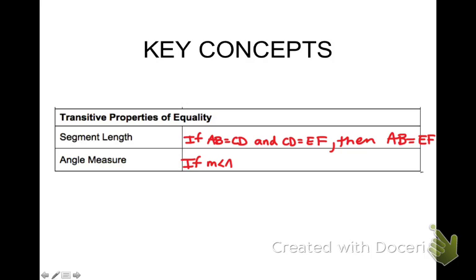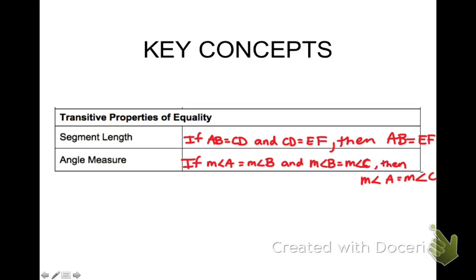If the measure of angle A equals the measure of angle B, and the measure of angle B equals the measure of angle C, then the measure of angle A equals the measure of angle C. Okay, so the reflexive one's the easiest one to see because you're just going to have something equal to itself. Symmetric, it's just flip-flopped. The transitive property is where you take that common piece in your hypothesis, take it out, and what are you left with? The beginning and the end of it.